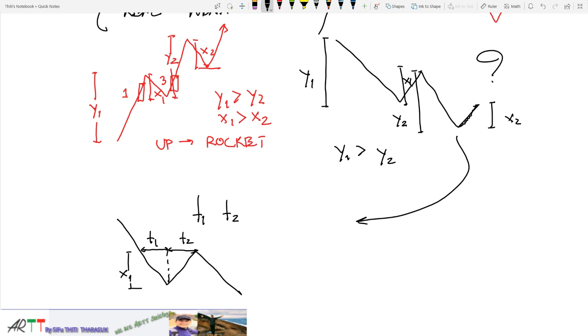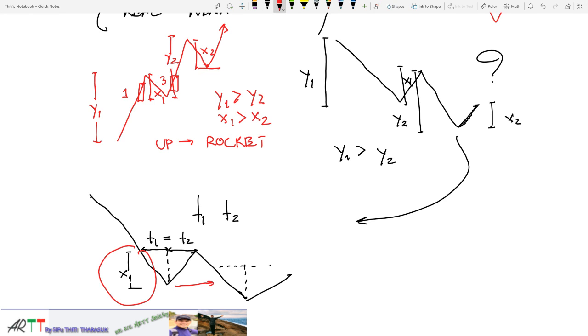We analyze the ratio. After that, when market is trying to rebound, we copy x1 and push it here.